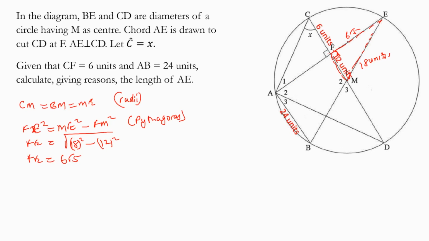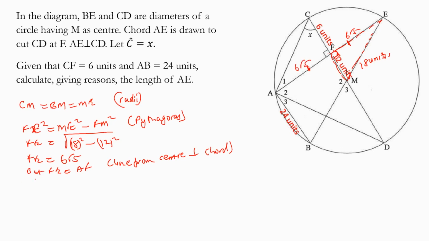But we know that FE is equal to AF, since the line from the center is perpendicular to the chord, so this is also 6 root 5.